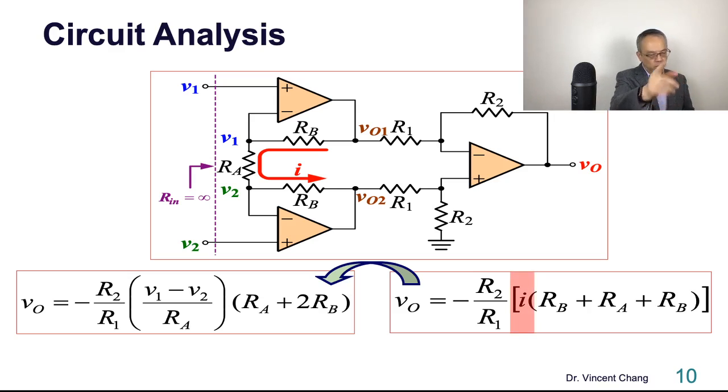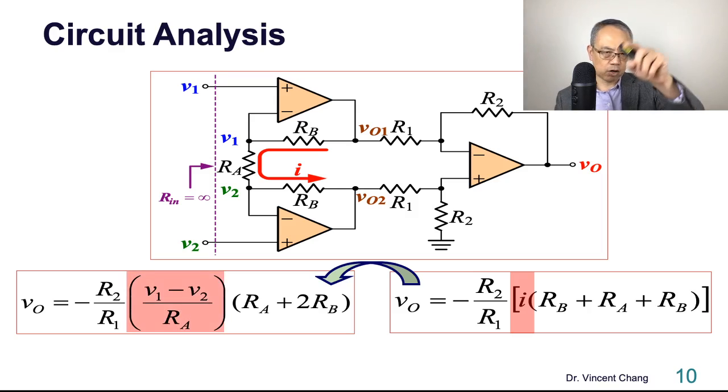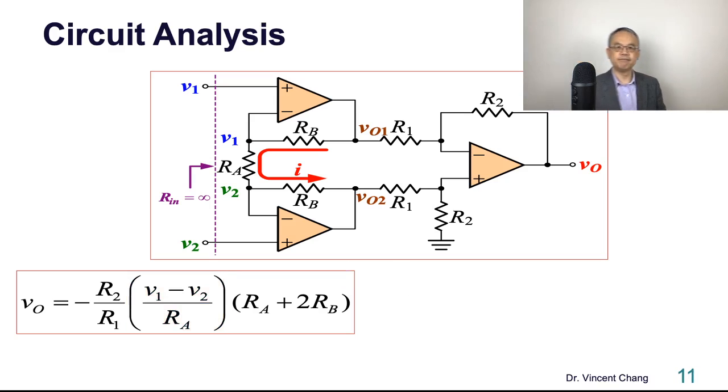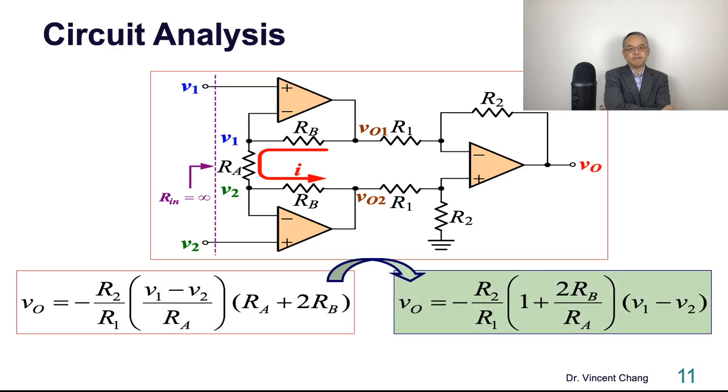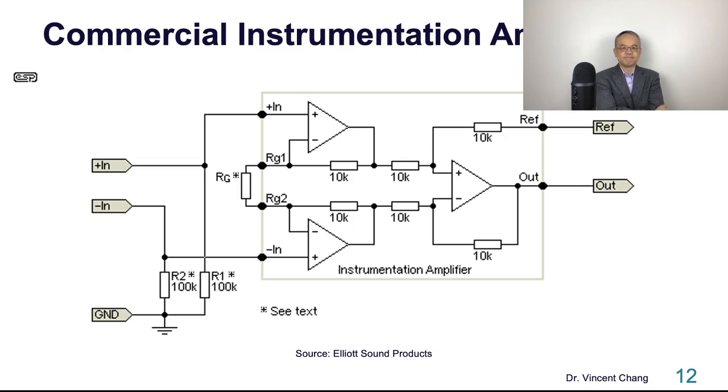The I, Ohm's law, it's easy. Virtual short: you apply a virtual short for the first op-amp, and another virtual short for the second op-amp. Then Ohm's law gives the current I. So here's the outcome.